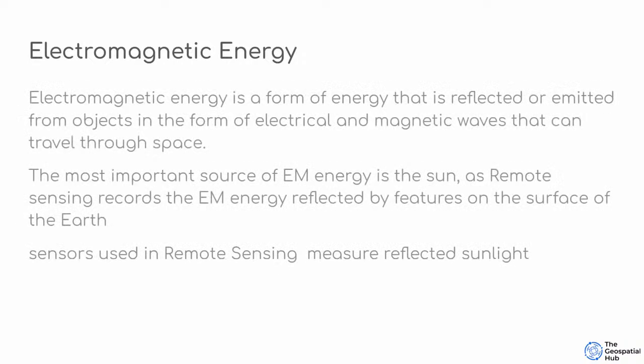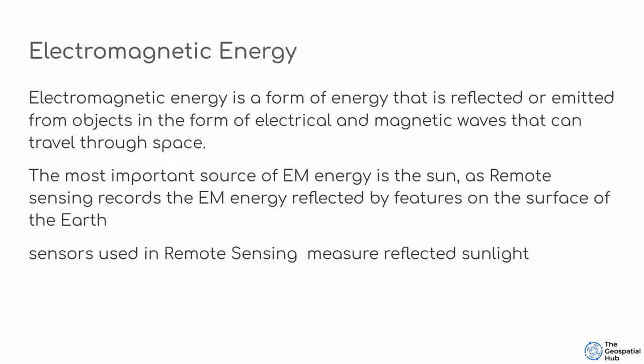All right, so just before we move to the electromagnetic spectrum, I feel it's important to actually understand electromagnetic energy. Electromagnetic energy is a form of energy that is reflected or emitted from objects in the form of electrical and magnetic waves that can travel through space.